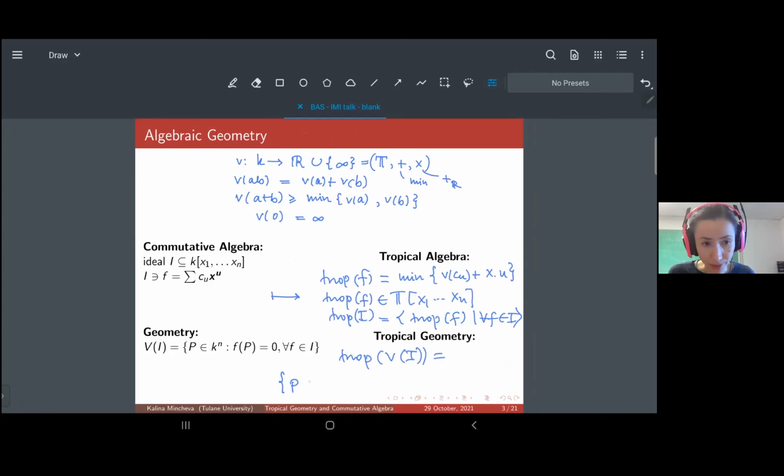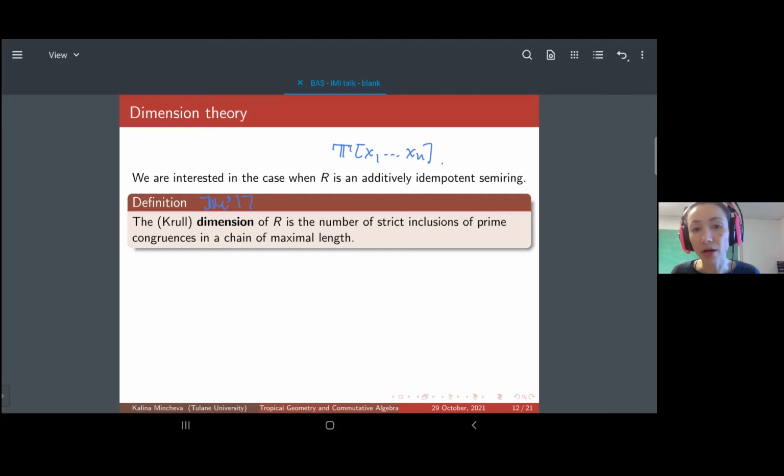Of course, you can define it in the usual case in terms of prime ideals, I mean Krull dimension. So here I'm going to do it for prime congruences. This is also a definition due to Daniel and I. So the Krull dimension of R is the number of strict inclusions of prime congruences in a chain of maximal length.